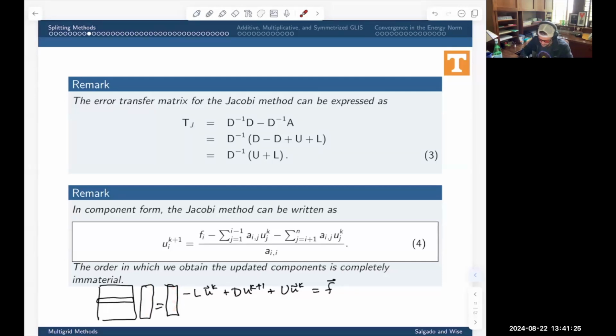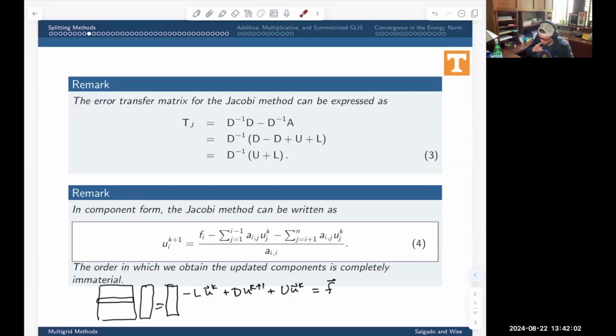So I take this row times that to get that one, then this one times this gives me this one, and finally this one times that gives me that. But as I go down here, I have minus L and minus U up here, and then D on the diagonal. So this is expressed like that. I'm already breaking up A into its lower triangular portion, diagonal, and upper triangular portion, times this kind of mixed vector where part of it is U^k, part of it is U^(k+1).